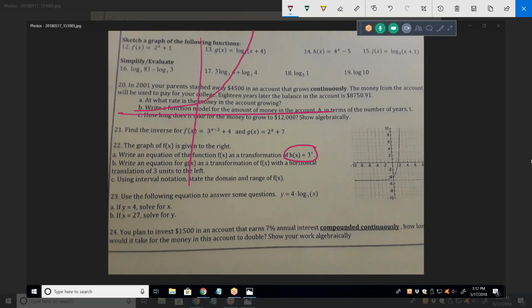And this point is always the same in an exponential. That, by definition, goes through 1, 0. And we have this asymptote, the horizontal asymptote, right there. So first of all, what's happened to the horizontal asymptote? It was moved down by?